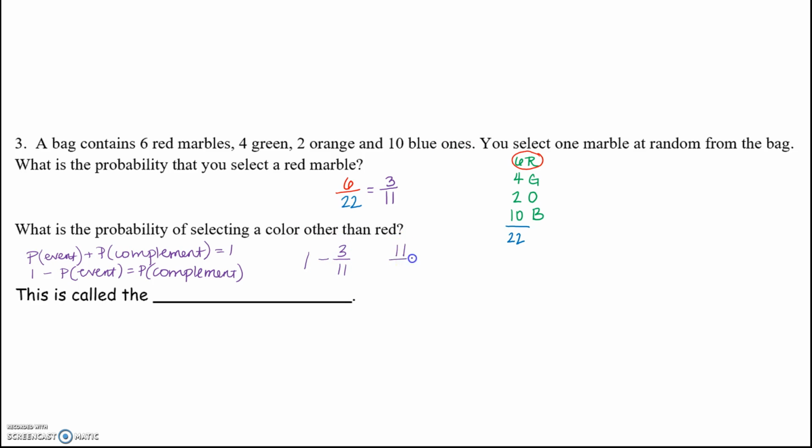So 11 over 11 minus 3 over 11. Sorry, I subtracted too fast. Okay, that is 8 over 11. So this is the probability of not red, okay? And this is called the complement.